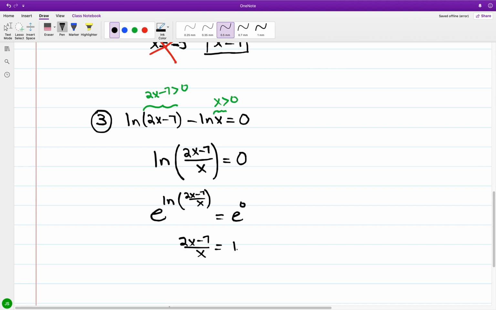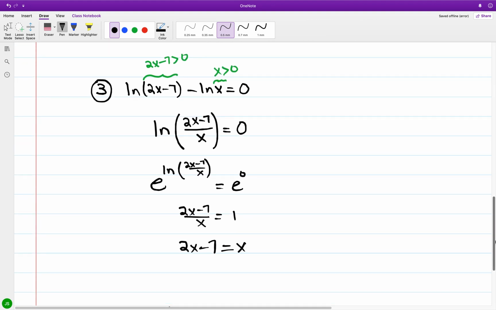And if I multiply both sides of the equation by x, so as to get rid of the fraction, we have that 2x minus 7 is equal to x, and then we combine x terms together.